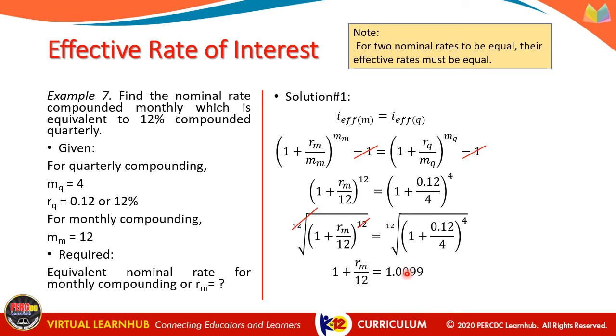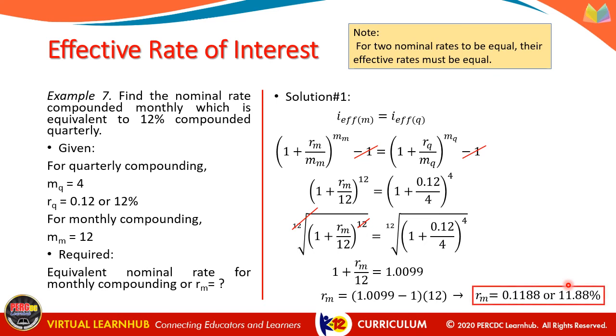Then manipulating this equation to isolate r sub m, we will have r sub m is equal to (1.0099 minus 1) times 12. Using our calculators, we can get r sub m is equal to 0.1188 or 11.88%.